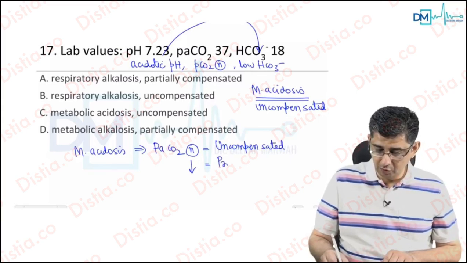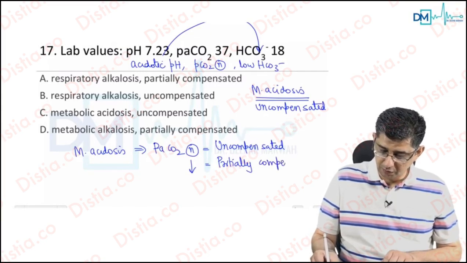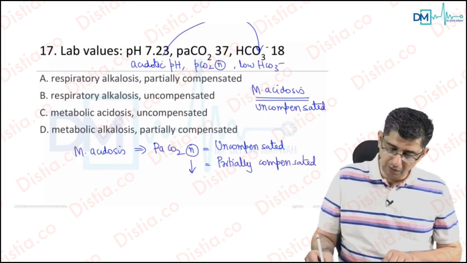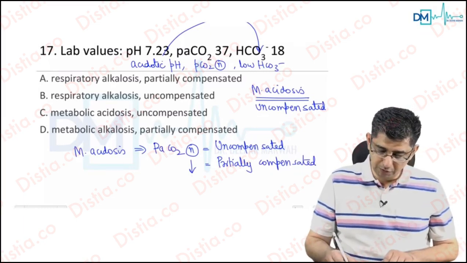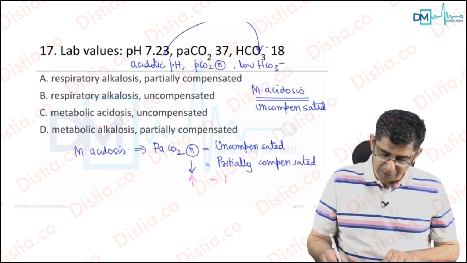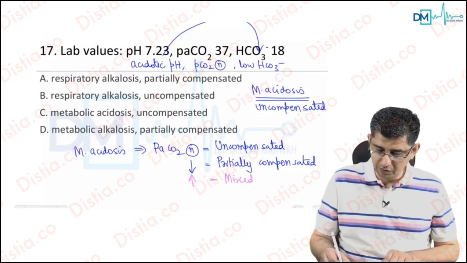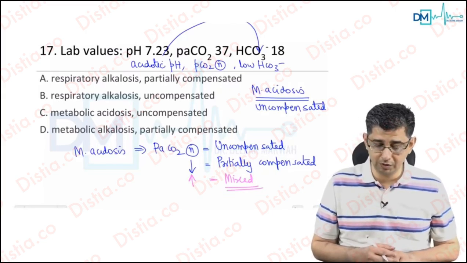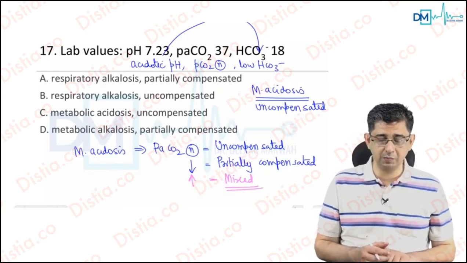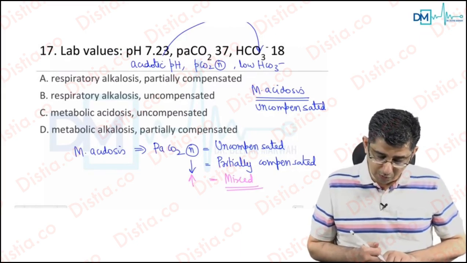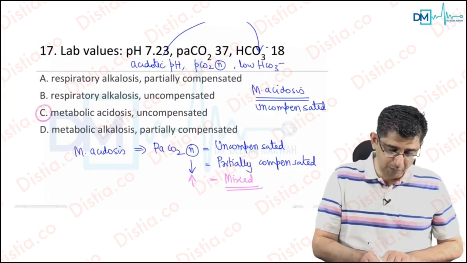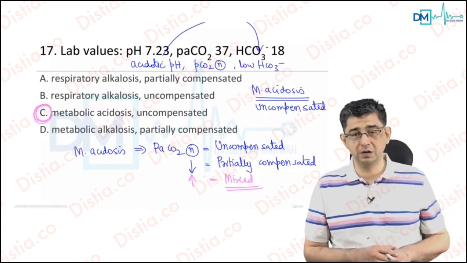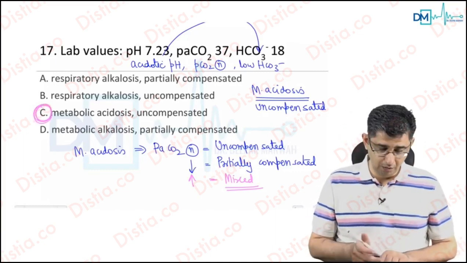If it is lesser, then you call it partially compensated metabolic acidosis. Suppose you get a question in which carbon dioxide is elevated, then it is definitely not a compensated disorder. It's a mixed disorder with a combination of metabolic acidosis and respiratory acidosis. The answer to this question will be choice C, metabolic acidosis uncompensated.